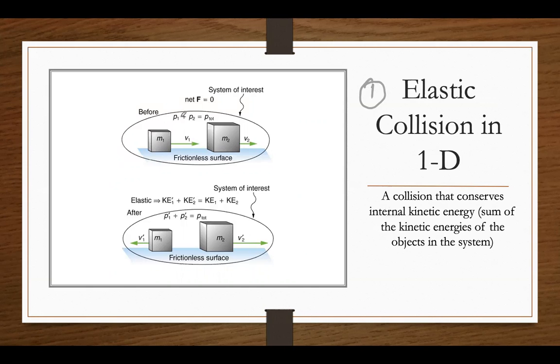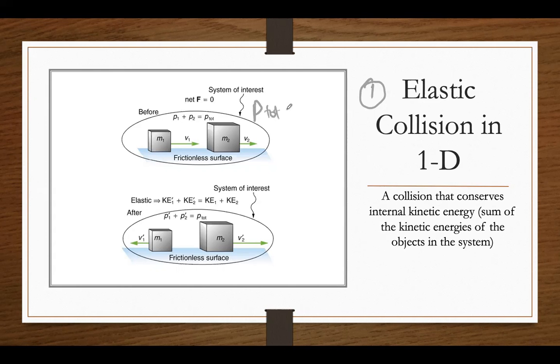Okay, so let's say that we have two blocks like we have here with mass M1 and mass M2, and they are sliding along a frictionless surface. Okay, and so before our collision, we have two different momentums, a P1 and a P2, and our total momentum, P total, would be the addition of the two momentums.